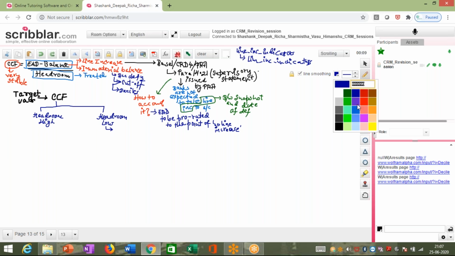Which definition are we using? We are using CCF2, in whose denominator we do not have the headroom, but rather the limit. It is additional drawings prior to default, which I am writing in short as prior to default, divided by the credit limit.